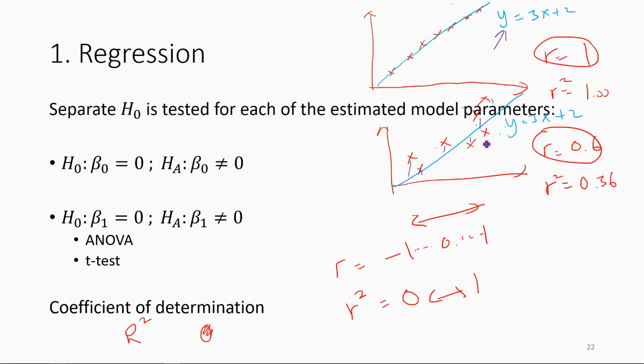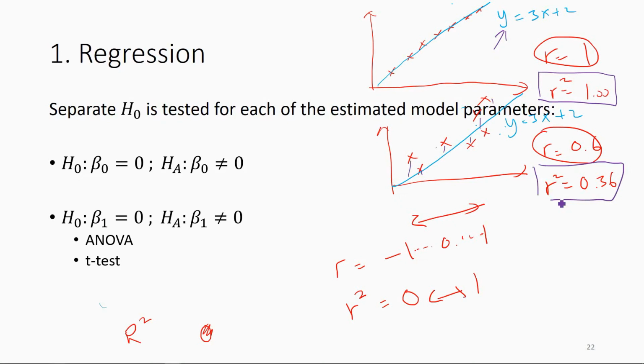There's no error. This one is a best fit model, but it's not actually a good model, because you can see there are a lot of unexplained variance. So there must be a measurement. The measurement they use is R squared, the coefficient of determination. You know the value is between 0 and 1, right? For this one, all the points fall on the line, so it's a perfect model. There's no error, so this model explains 100%, and this model explains only 36%.